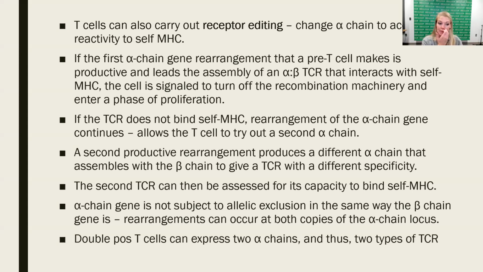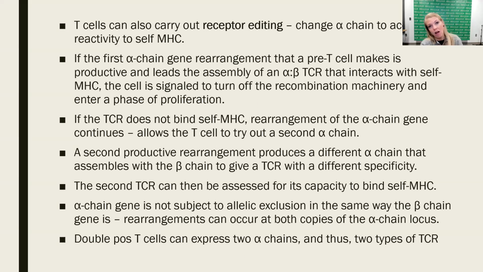The same thing can happen with T cells, receptor editing, but this time the alpha chain is going to change just ever so slightly because it's going to be similar to that light chain in B cells. And so if that first alpha chain rearrangement on the pre-T cell interacts with self-antigen, then the RAG enzymes will be signaled to turn off, because we want not self-antigen, self-MHC, because we want a T cell that can recognize self-MHC.